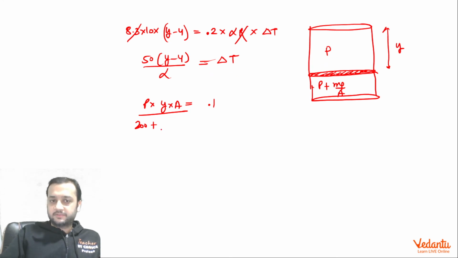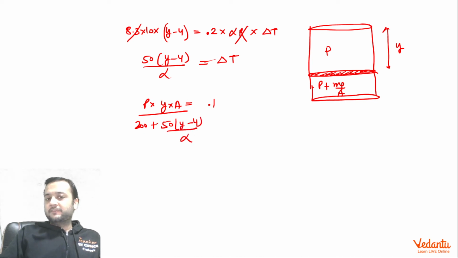This is the change in temperature we have already found out, so 50 into (y minus 4) divided by alpha. So PV by T is equal to nR.